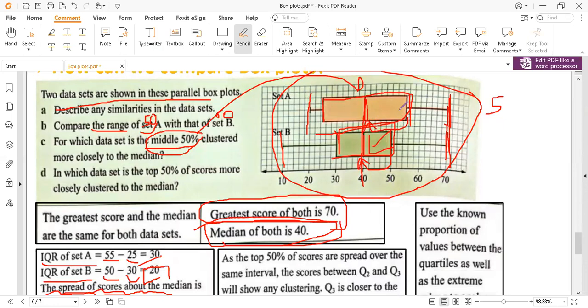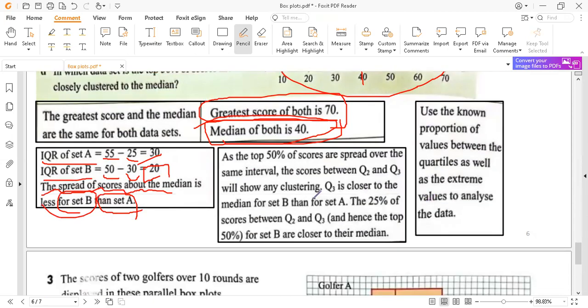So the 25% here are more closely to the median, because we can't base our comparison on the highest score, since in both sets the highest score is the same. So we calculate that Q3 is closer to the median for set B than for set A, that 25% of scores between Q2 and Q3, and hence the top 50% for set B are closer to their median.